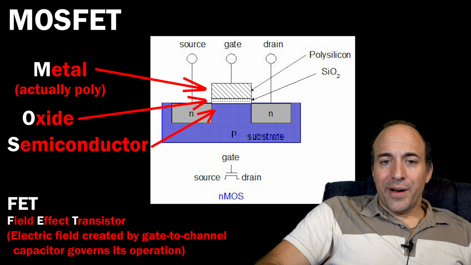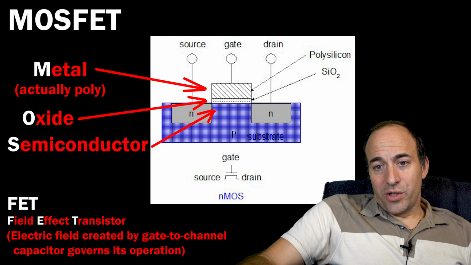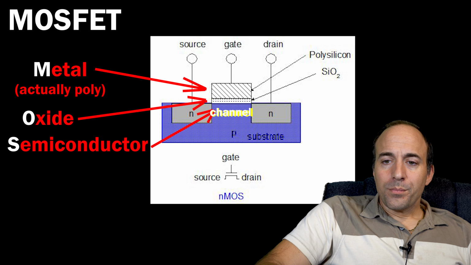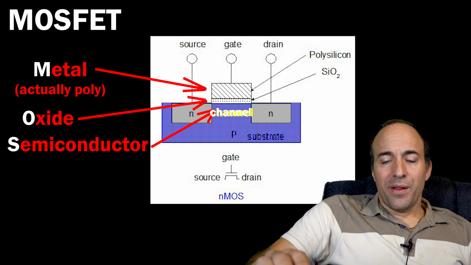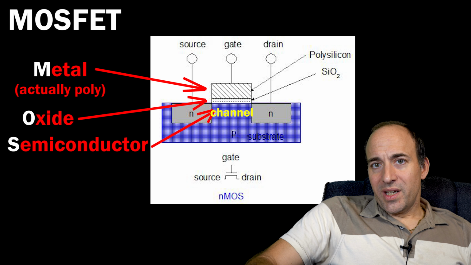And then the gap of substrate material between the source and drain is called the channel. And above the channel is a layer of insulating glass made from silicon dioxide.